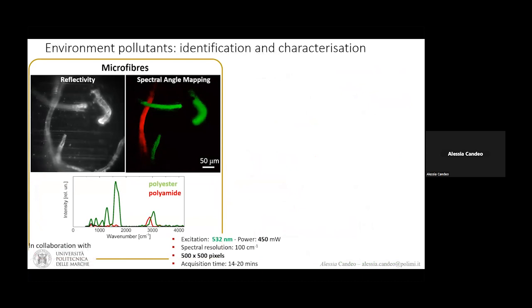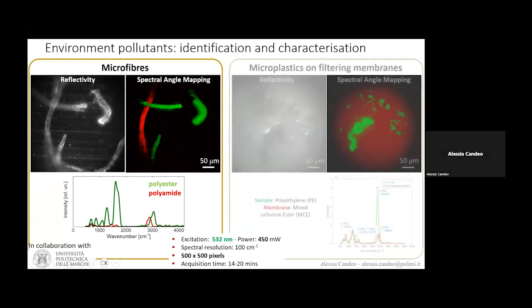The hyperspectral Raman instrument has also been used for environmental pollutant identification and characterization, for example in the scope of understanding how textiles lose microfibers. It was possible to observe the presence of microfibers on an aluminum substrate and perform Raman and spectral angle mapping of the Raman results and distinguish between polyester and polyamide fibers.